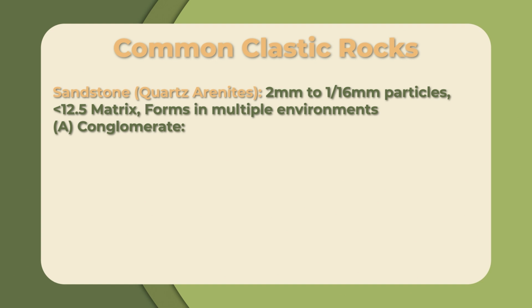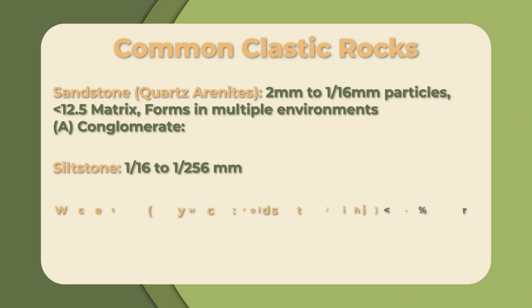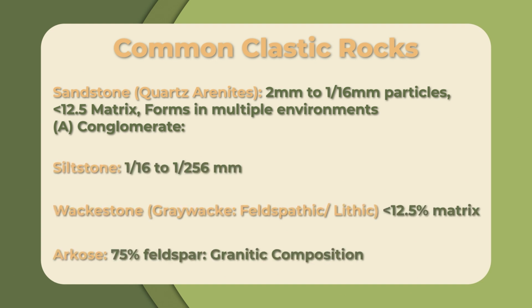Common clastic rocks are sandstones. They are also called quartz arenite. They are 1/16 to 2 millimeter in size with less than 15% matrix, and they form in multiple environments, from coastal environment to deep sea environment, everywhere.